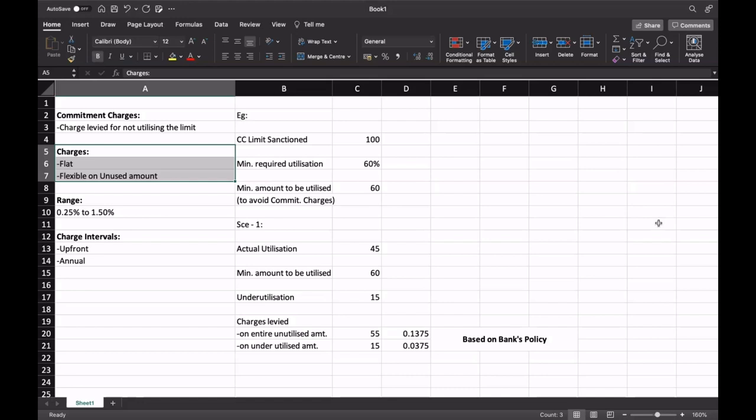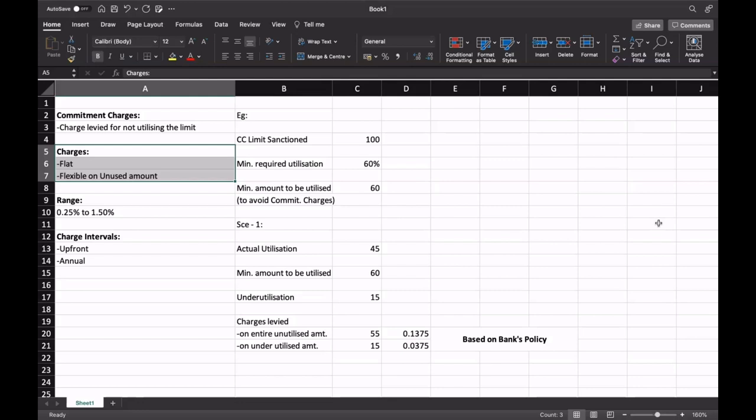Then when it is flexible, here the bank does not want to burden the customer initially with this charge. So the bank will say, customer, try to utilize the limit at least at the minimum level prescribed in the sanction letter. In case you are not utilizing at that expected level, we will levy a charge, and it is going to be flexible.